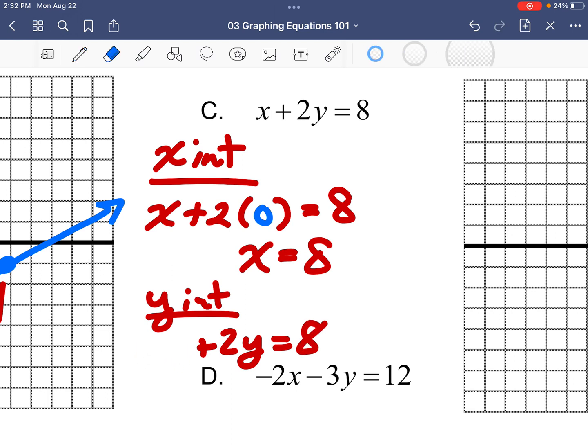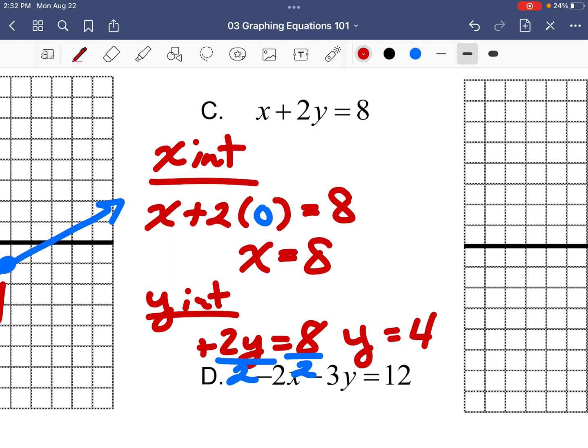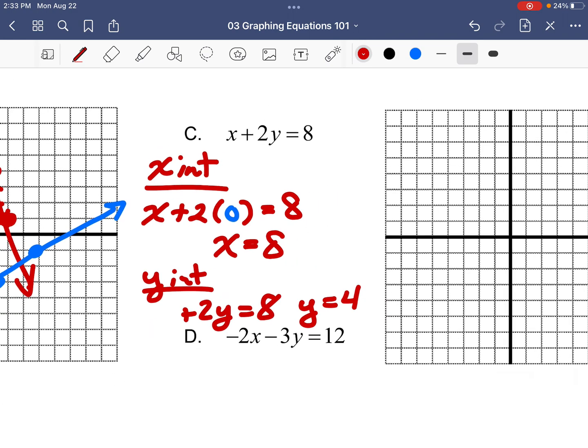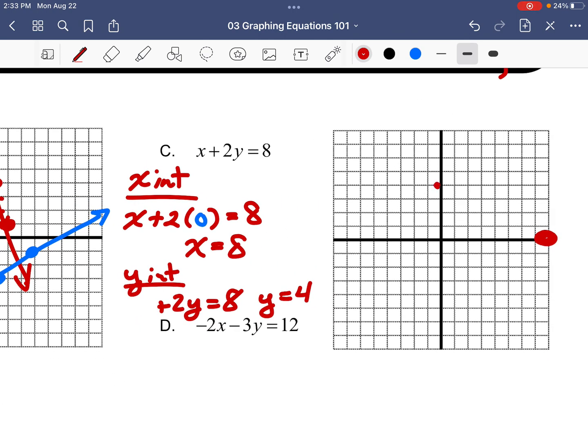The bottom line is you have a 2y equaling an 8, and if 2y equals 8, all I have to do is solve for y, nice little divided by 2. I can understand if you can do that mentally, that comes out to be y equals 4. That's your y-intercept. I'm going to get rid of those so they don't clutter up the rest of the screen, but y still equals 4. Now, if y equals 4, that's going to be the other point on your line. 2 points can be connected as straight as possible, and you have your graph.